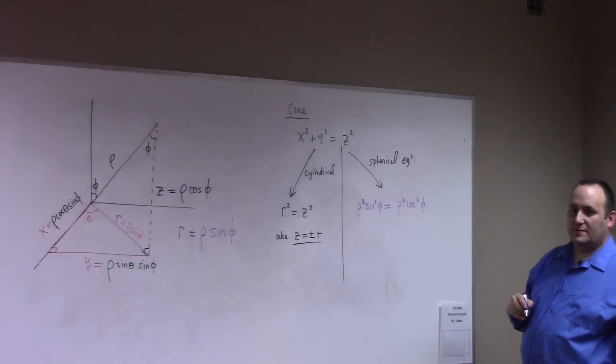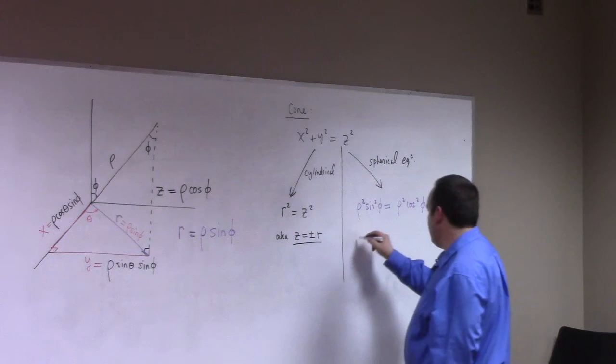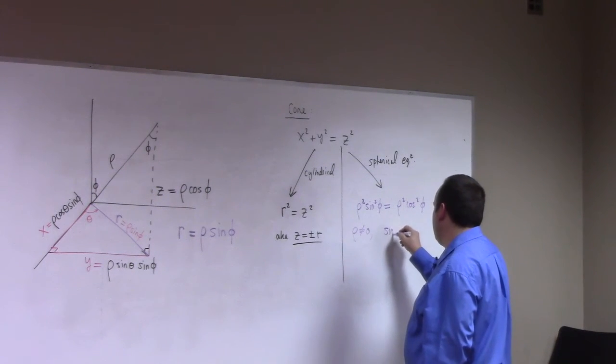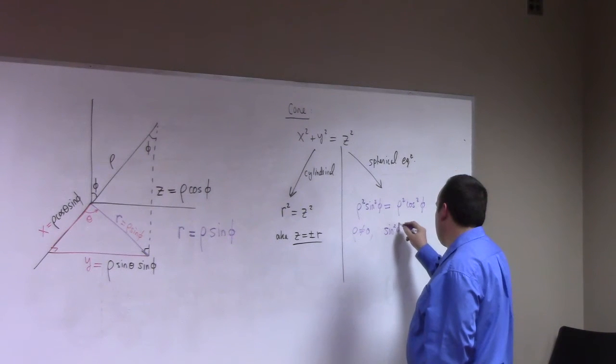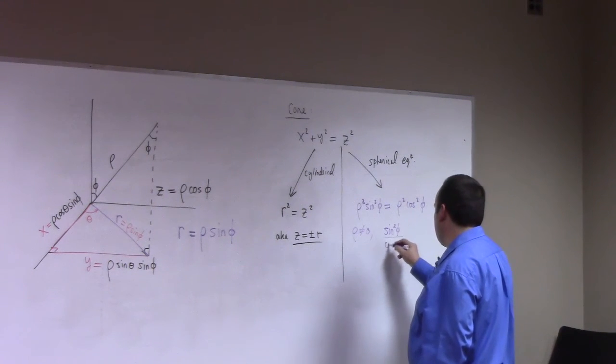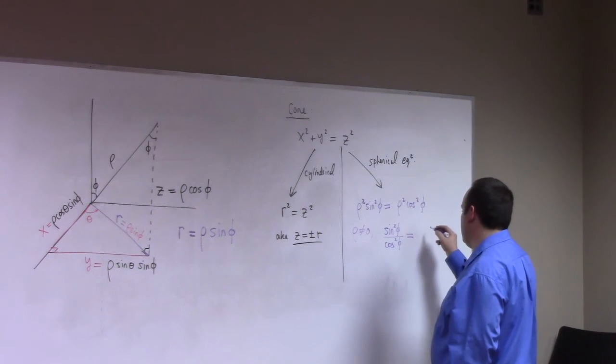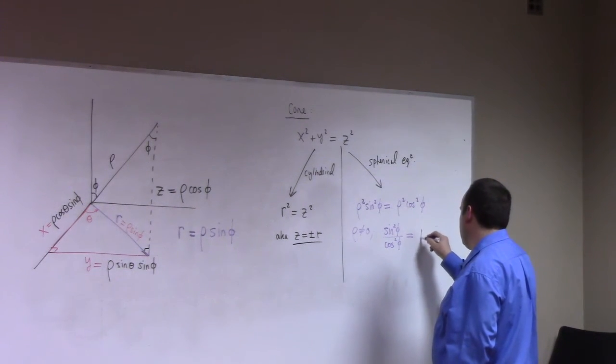So either rho equals 0, or, if rho is not 0, we get sine squared phi over cosine squared phi equals 1.